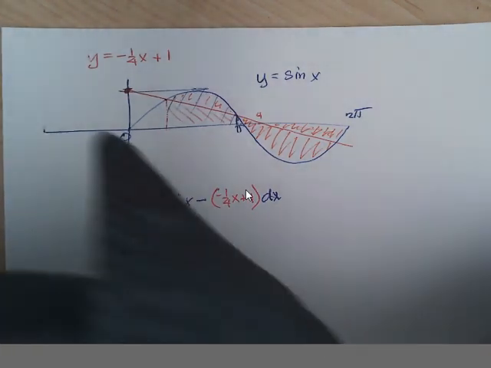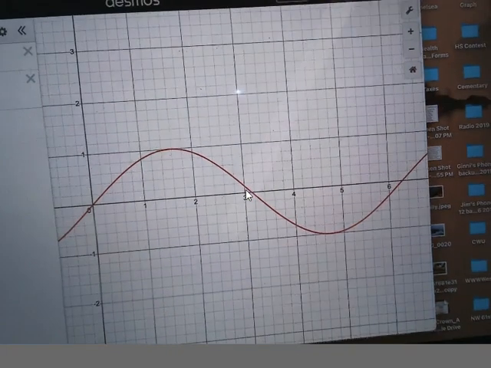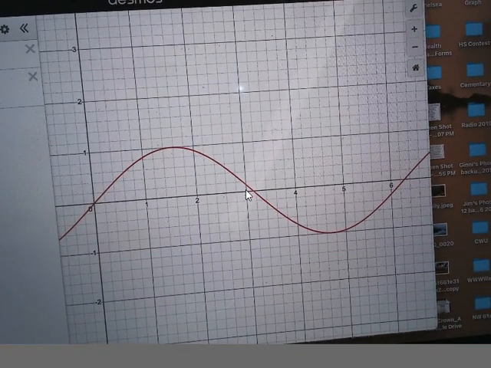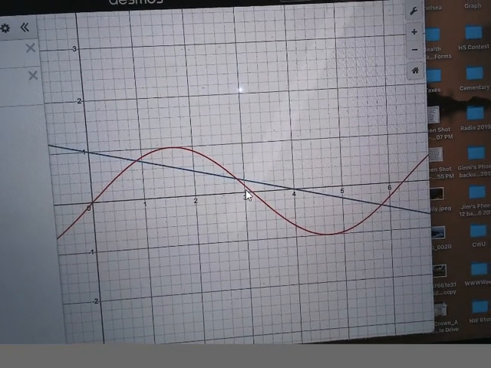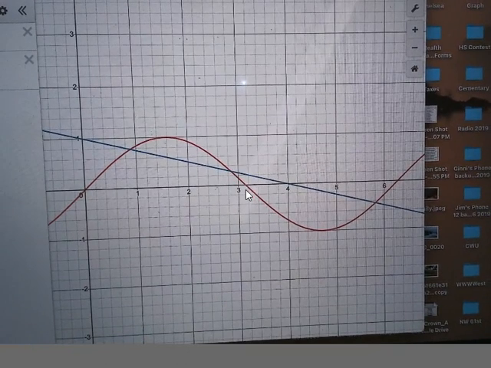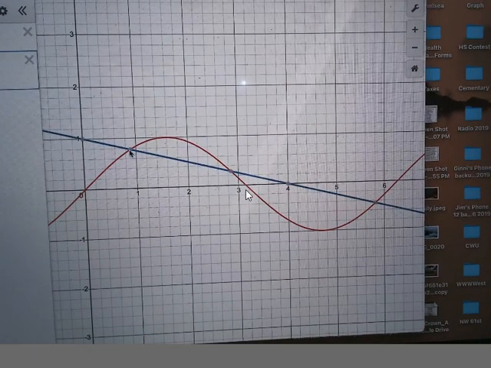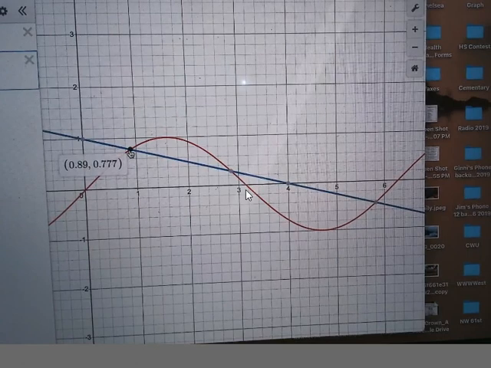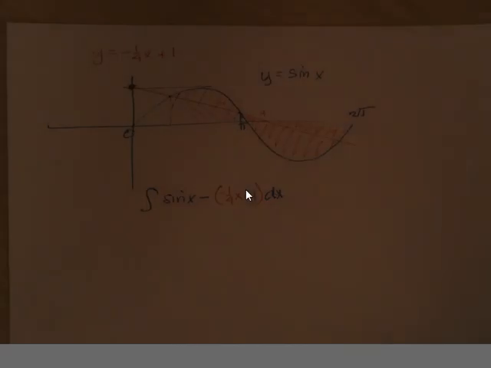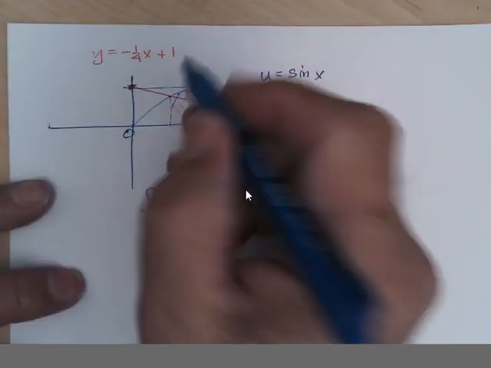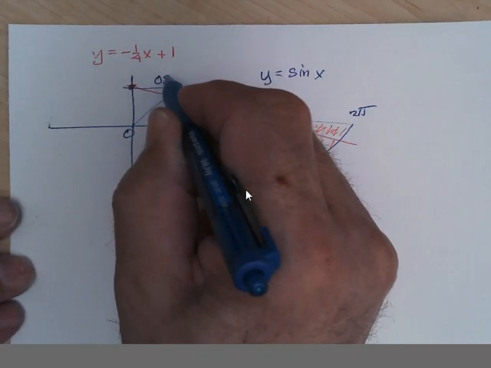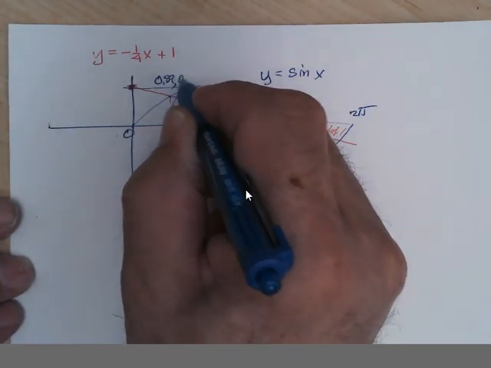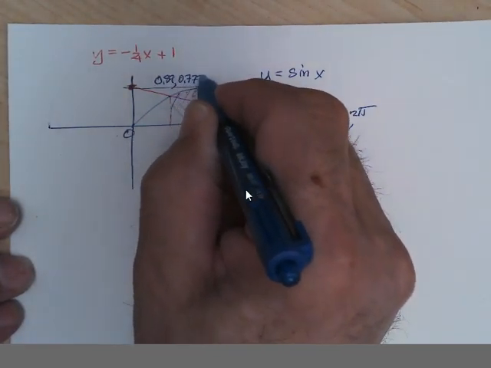Now I happen to have these two graphed, and the intersection point right there is 0.89, 0.777.